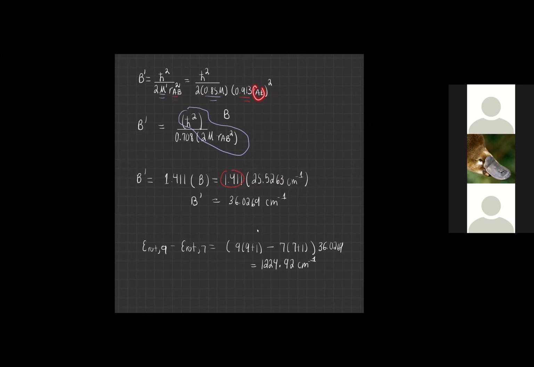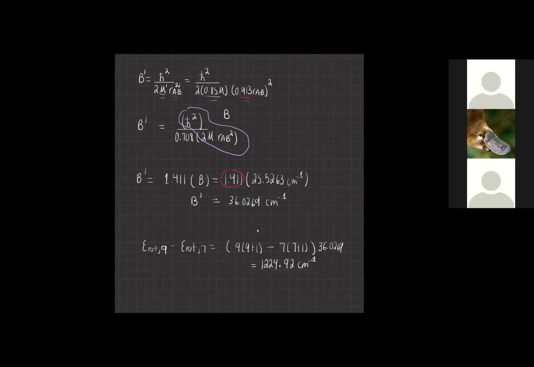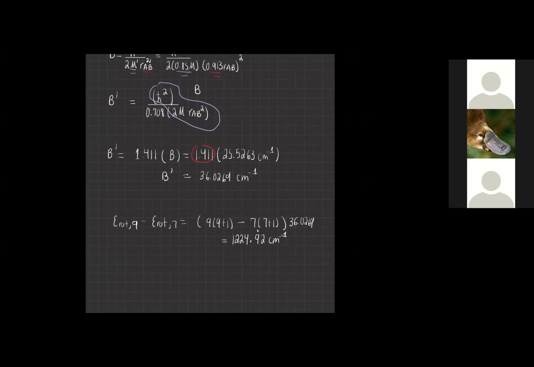It's a bond length. Bond length, right. Then we simplify that out, and we know what B is, right? We simplify it to this value and multiply by whatever we factored out, and we get the new B value. Then you use this new B value to calculate the energy level difference between this one and this one, which is what they asked. Okay.